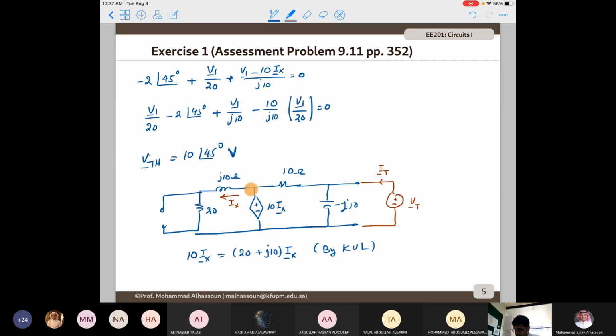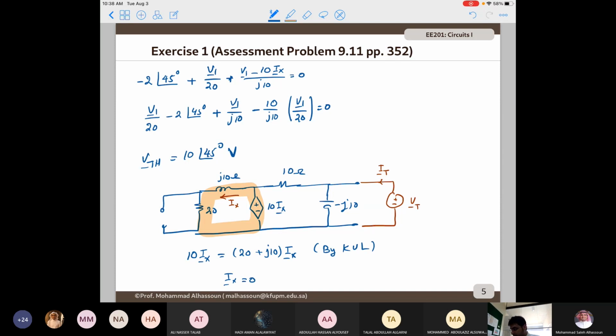We apply KVL in this loop, and you will see that 20 plus j10 multiplied by Ix equals 10Ix. Okay, so what does it imply here? It implies that Ix equals 0.